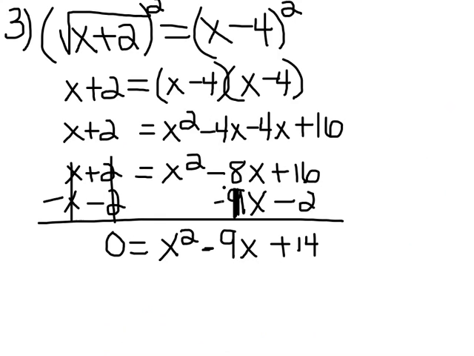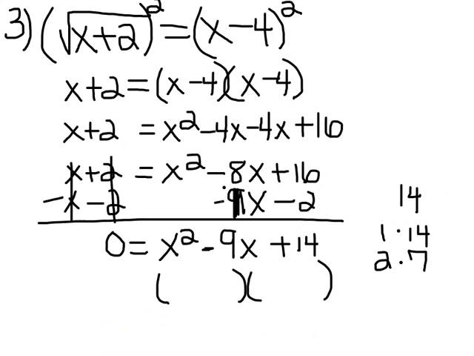Now, because we have a quadratic equation here, we'll be solving by factoring. We're looking at the factors of 14 that add to a negative 9. So when we look at this, 14 times 1, 2 times 7. 14 and 1 add to 15, 2 and 7 add to 9.